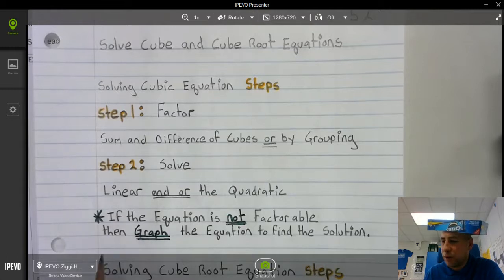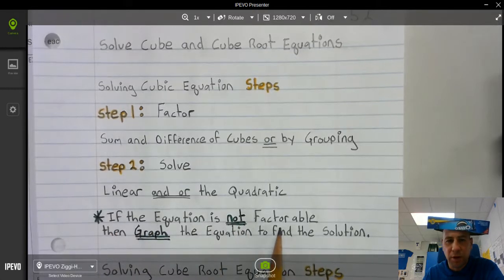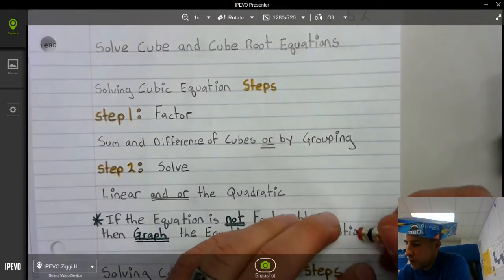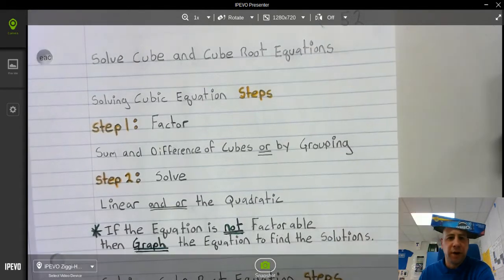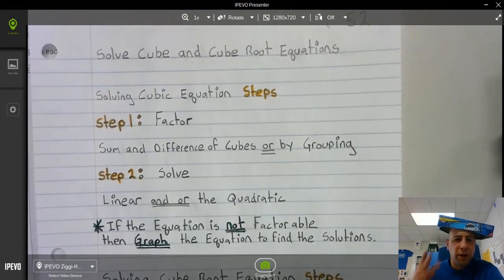If the equation is not factorable, then you'll graph the equation to find the solutions, and that should actually say solutions, because if you're solving a cubic, you're going to have 3 solutions. So pause the video and update this part of the notes.